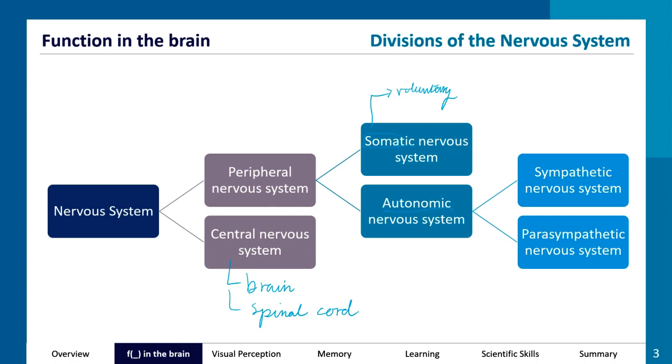And we can look at this into two more pathways, because of course we need a subdivision of our subdivision of our subdivision, and we look at sympathetic and parasympathetic. One way to remember the distinction is I like to think parasympathetic, parachute. The parasympathetic nervous system is slowing things down, whereas the sympathetic nervous system is energizing.